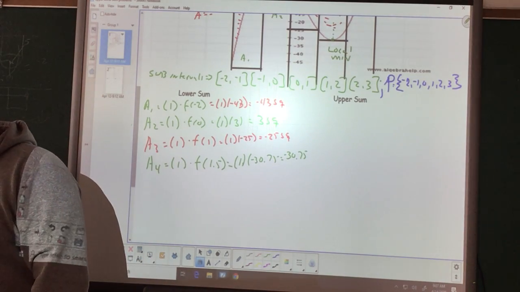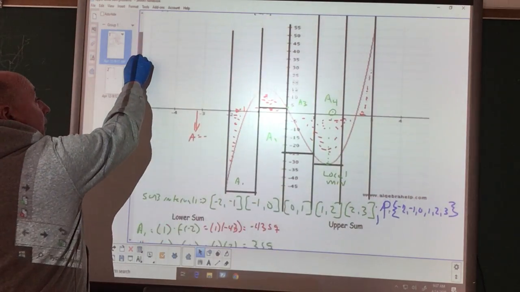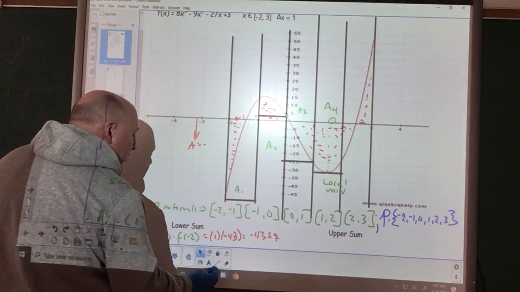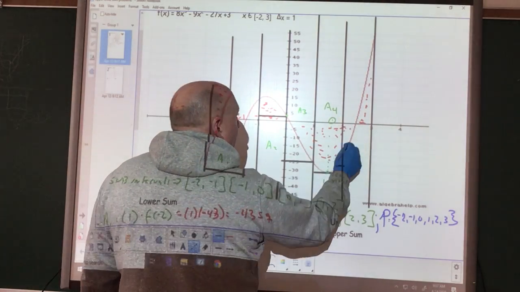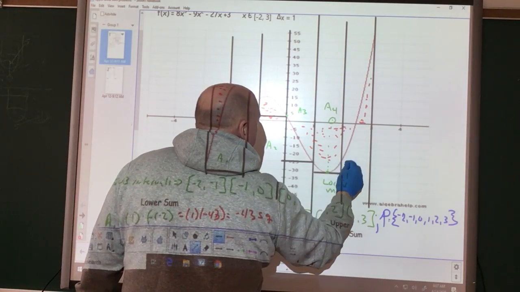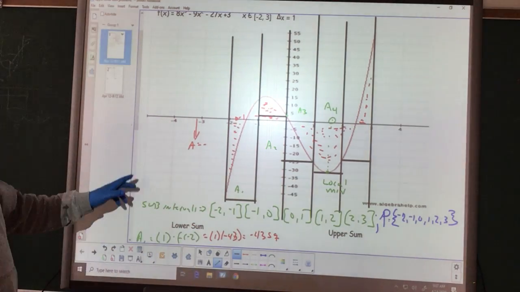And then my last one, I have to stay entirely below the graph of the function. Once again, with my lower sum. So if I draw it here, I'm above, I'm inner, I'm here, I'm here. At this point here, I'm entirely below the graph of the function.